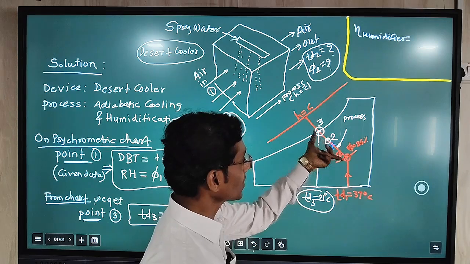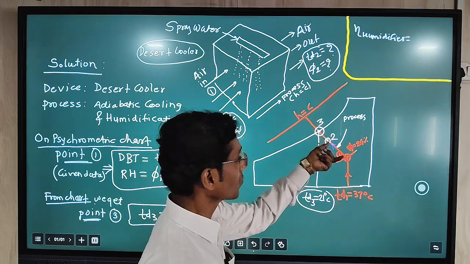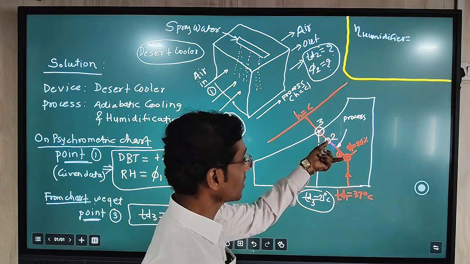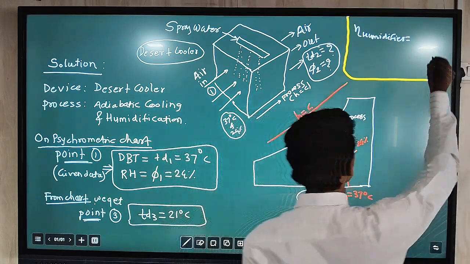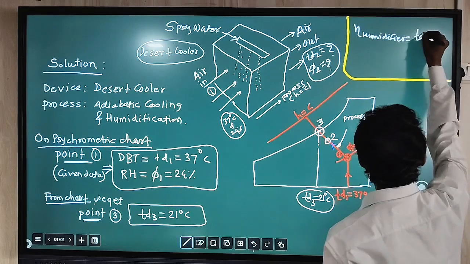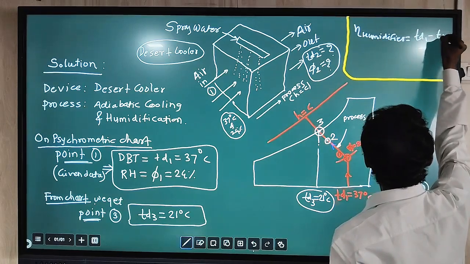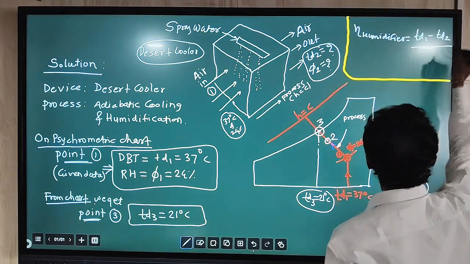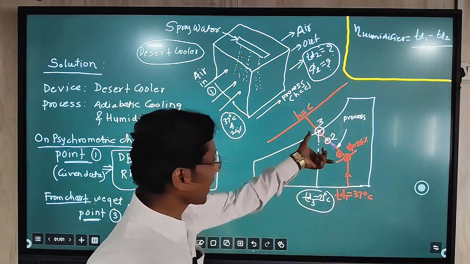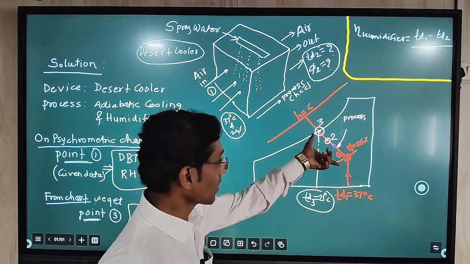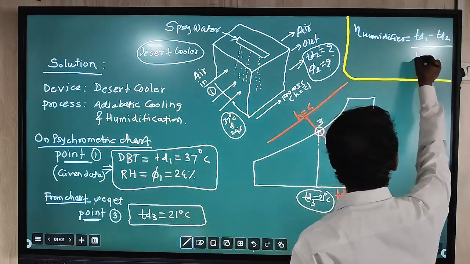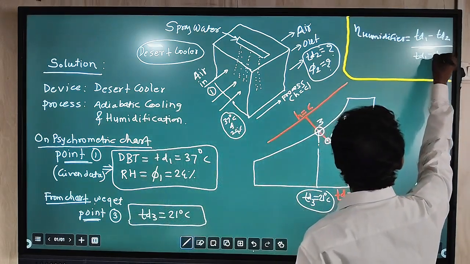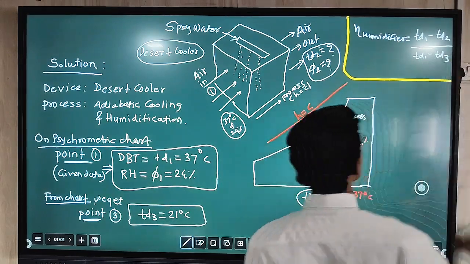So actual process divided by ideal process. So here we will take the difference in dry bulb temperature of the actual process, that is TD1 minus TD2, divided by the dry bulb temperature difference for the ideal process, that will be TD1 minus TD3.